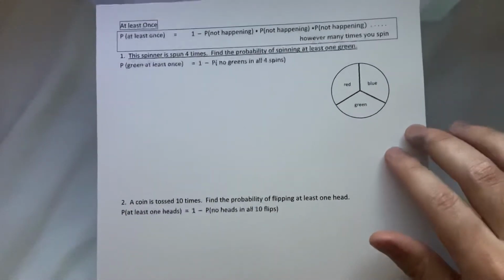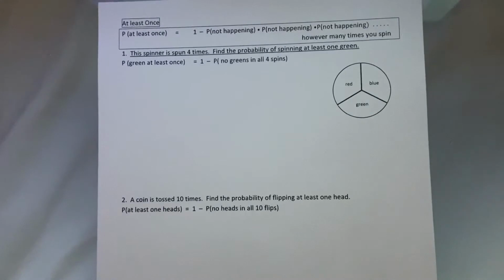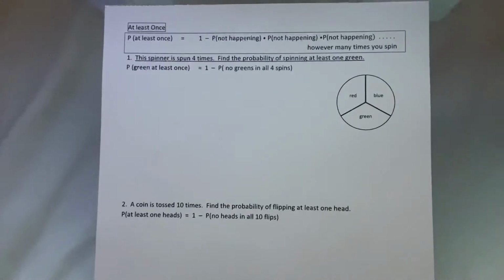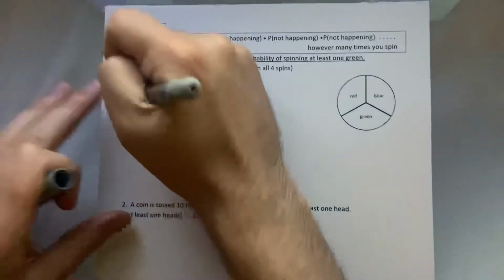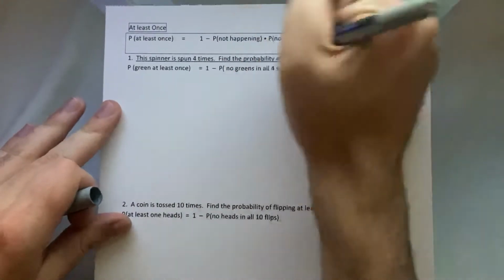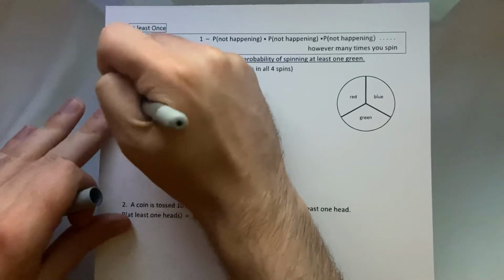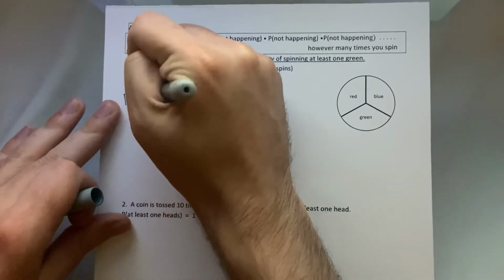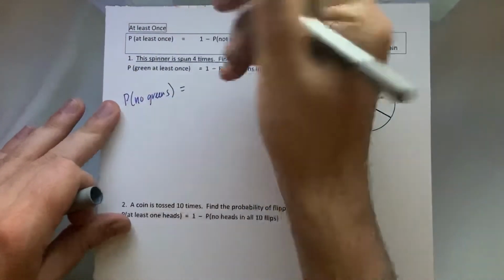Especially in situations where there are more than 9 possible outcomes, you don't want to have to write everything out and count them. For example, the spinner is spun 4 times. Find the probability of spinning at least 1 green. Okay, so we have to do 1 minus the probability of no greens. What is the probability of no greens in 4 spins?